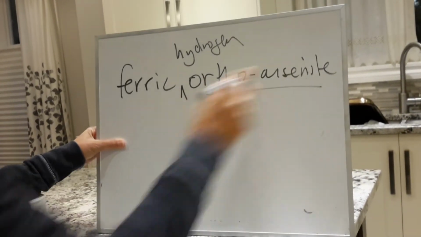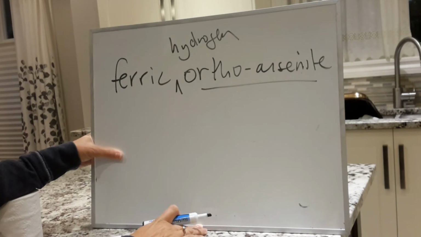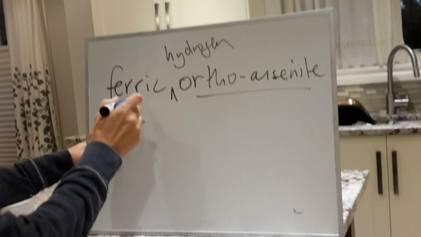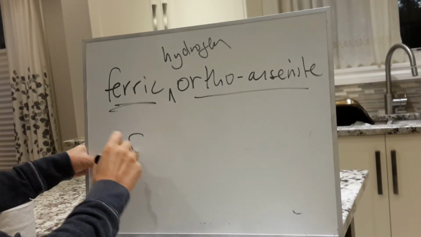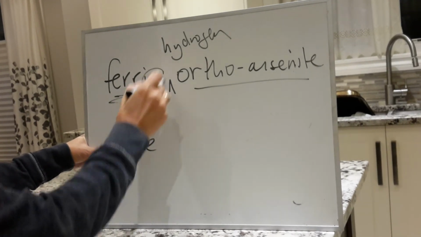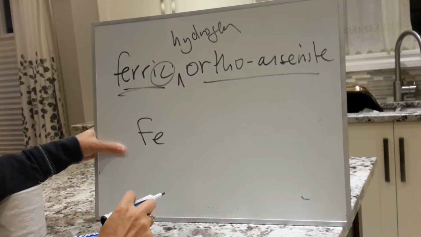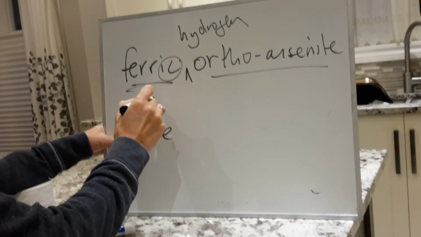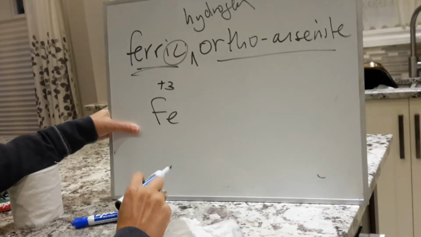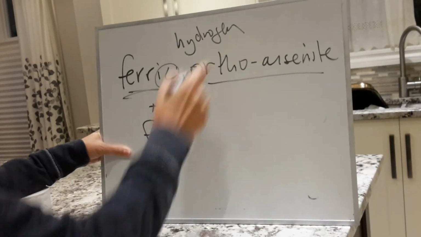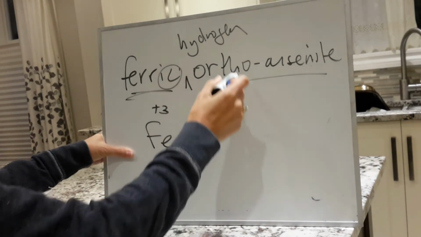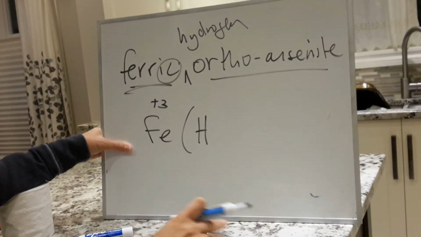Okay, this is a tricky polyatomic here, but I'll show you how to figure it out. So ferric is iron, so we start by writing iron. Ic tells us it's the higher of the two possible valences for iron, so that's +3. Next we have a hydrogen in there, and then we have this thing, orthoarsenite.